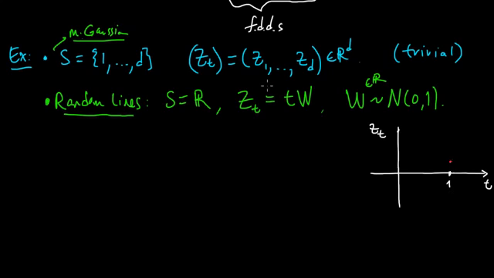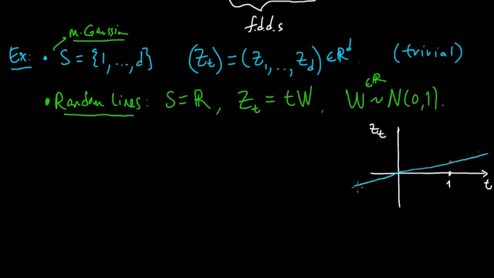And then what is Z_t? Well, Z_t is just t times W. So if W was 0.2, then when t is 1, Z_t is going to be 0.2. And when t is 1/2, Z_t is going to be 0.1, and so on. It's just going to follow along this straight line right here.